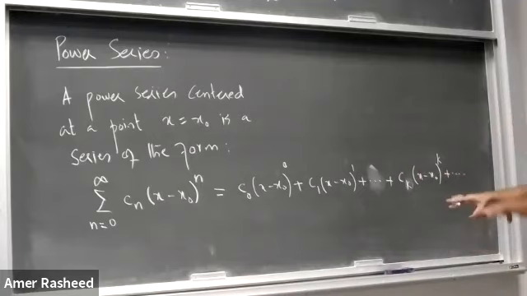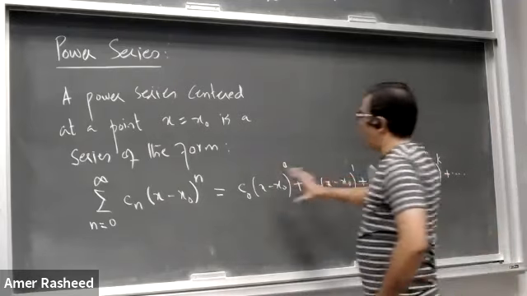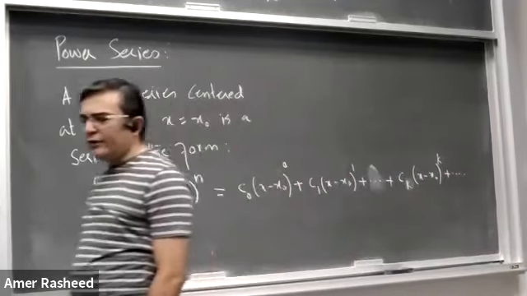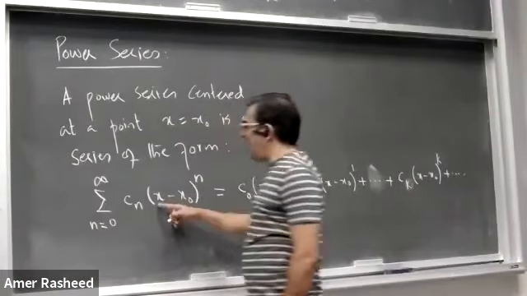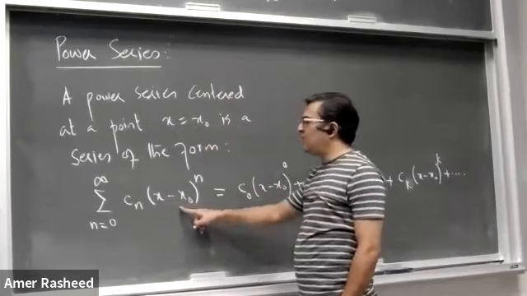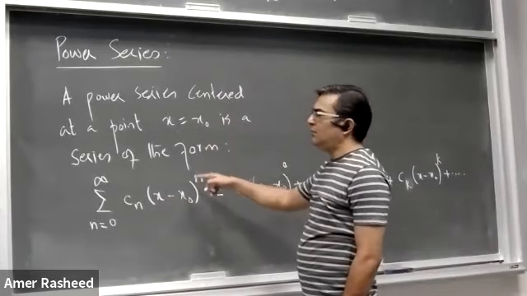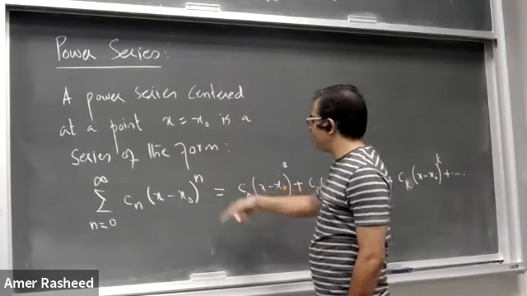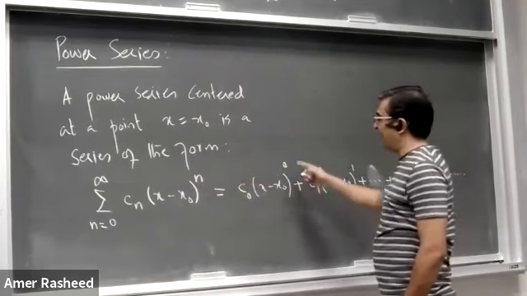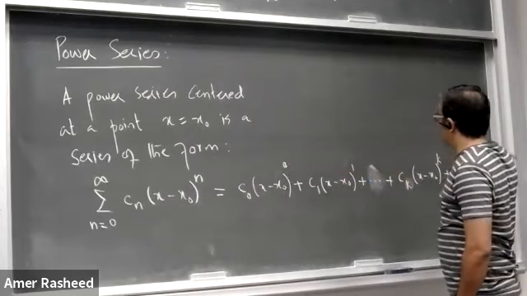So this is how we write a power series. Why do we call it a power series? Because the x term, the variable term, has powers that are positive integers, no negative integers. In fact, it starts from 0, 1, 2, and so on.